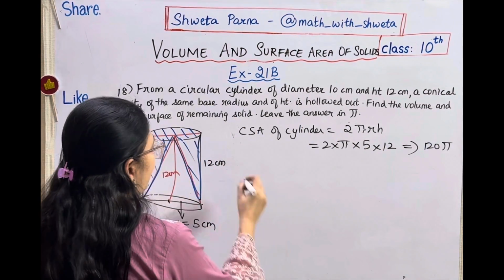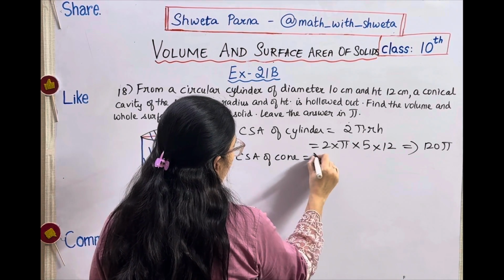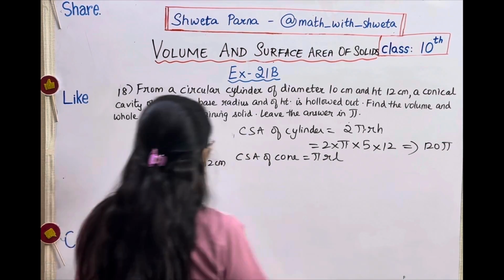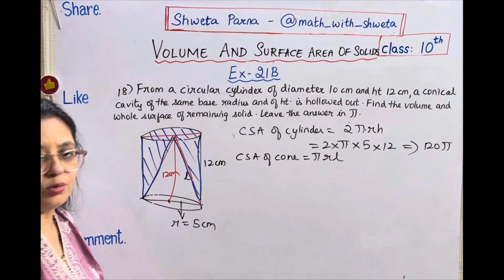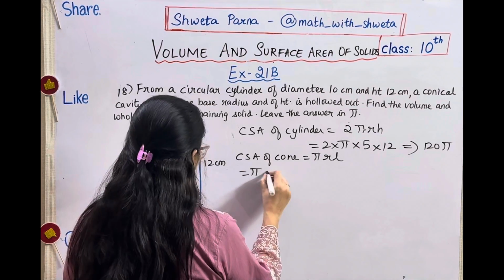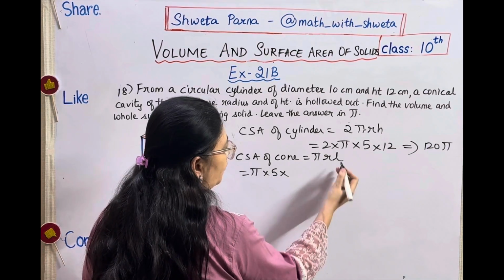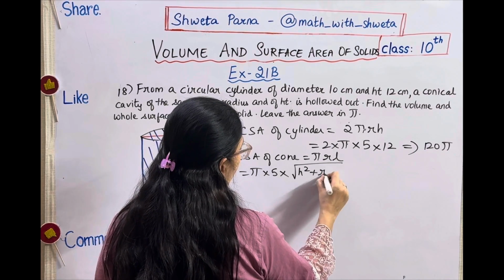Now find the curved surface area of cone. What is the formula? It is pi r l. Do you know the slant height l? No. So first thing you will have to find the slant height. So it is pi into 5 into square root of h square plus r square.